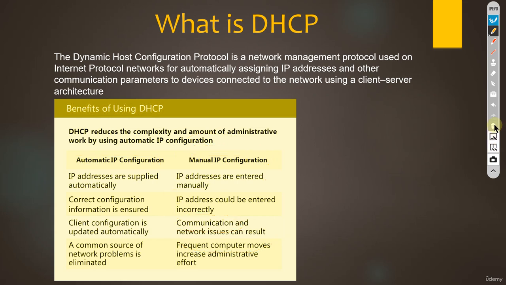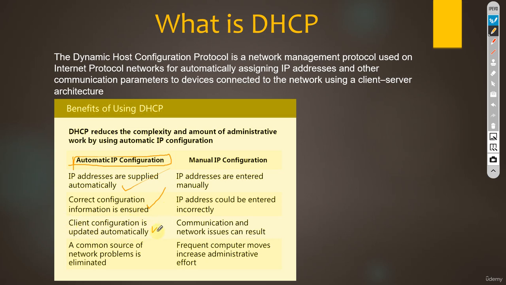On the other hand, we have automatic IP configuration. IP addresses are supplied automatically. Correct configuration information is ensured, 100% ensured, because the computer is like a robot. You have configured everything on top of that, and it is not going to make any mistake later on. Client configuration updates automatically.